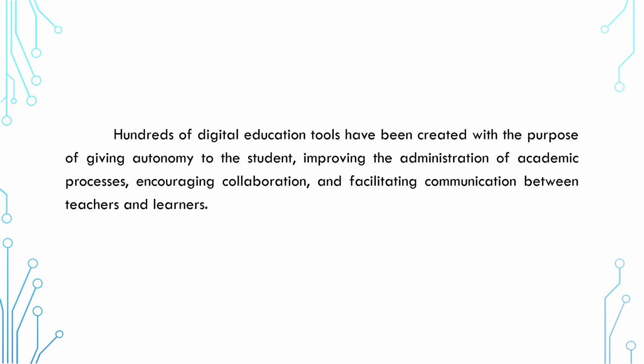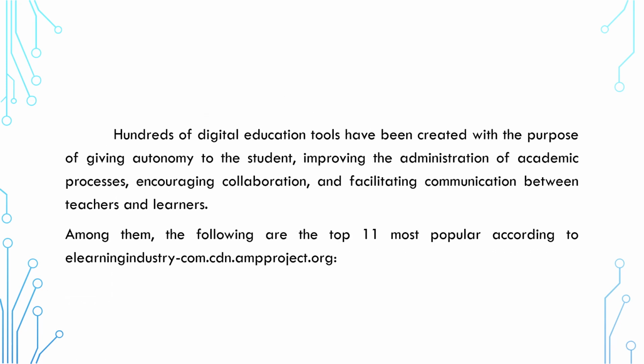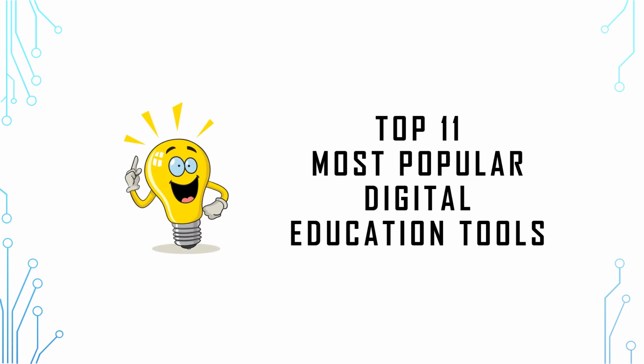Hundreds of digital education tools have been created with the purpose of giving autonomy to the student, improving the administration of academic processes, encouraging collaboration, and facilitating communication between teachers and learners. Among them, the following are the top 11 most popular according to the e-learning industry.